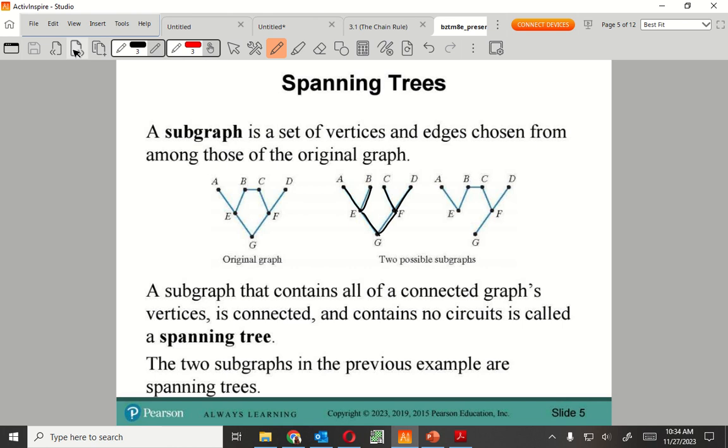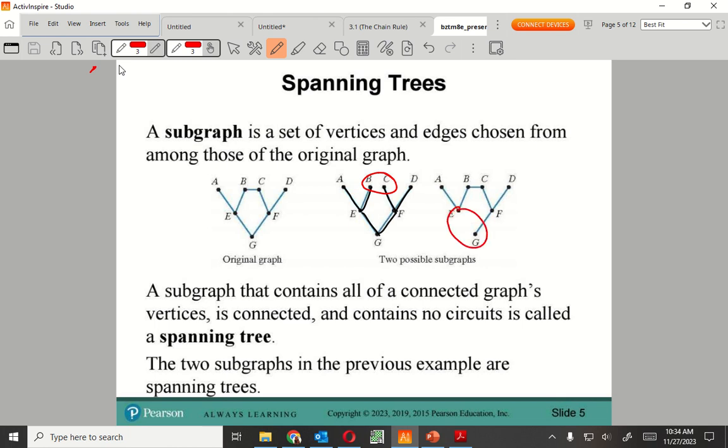By taking away BC, I was able to turn that from a non-tree because of a circuit into a tree, because it no longer has that circuit. Now this next one, we're going to do the same thing, but if you notice, what did we remove this time?